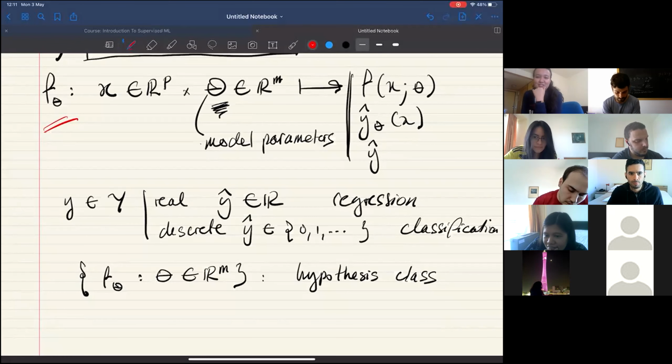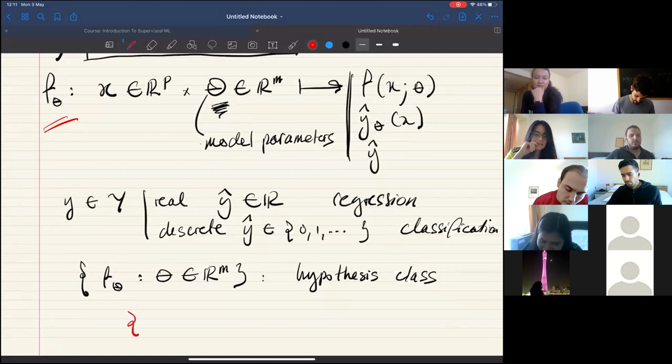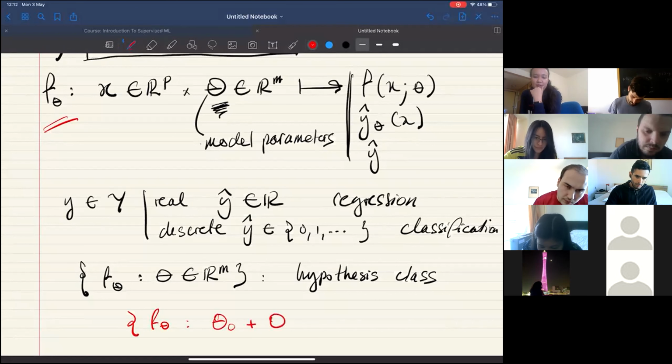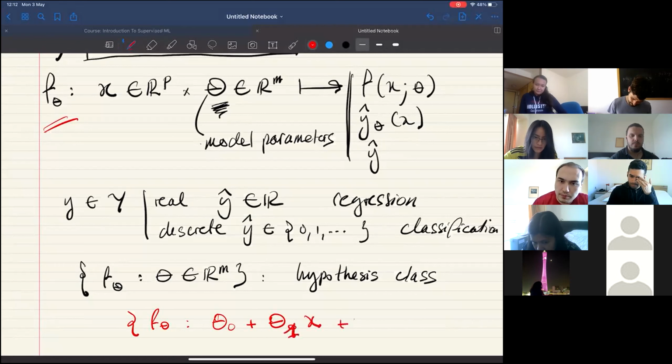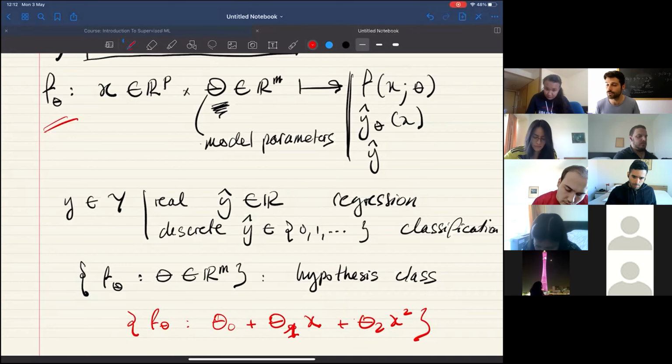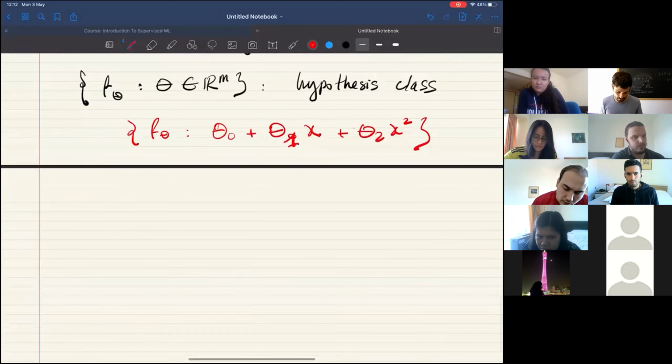For example, a hypothesis class could be a set of functions f theta in the form theta 0 plus theta 1 x plus theta 2 x squared. So for example, this could be a hypothesis class. It's the set of all polynomials of order 2. It's a valid hypothesis class. Can someone give me another example?